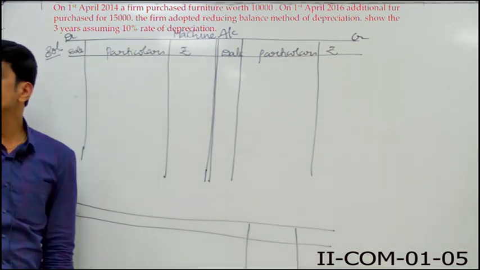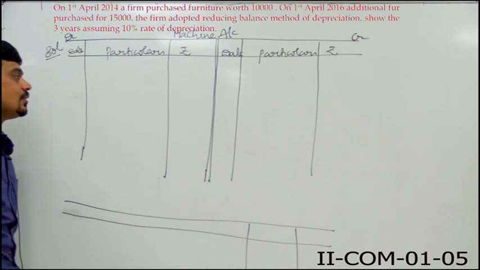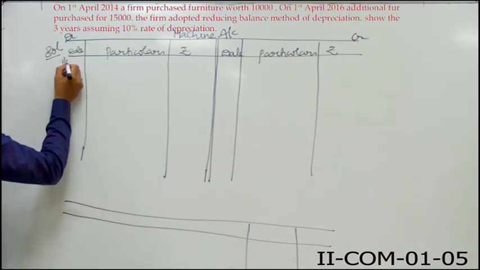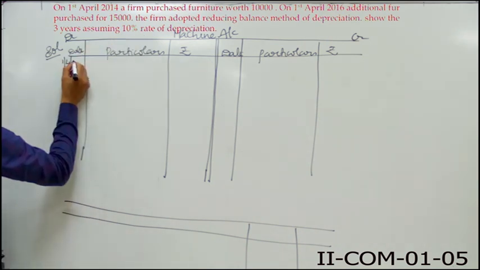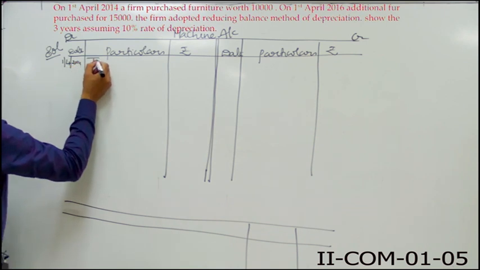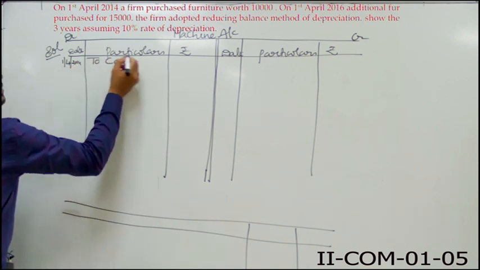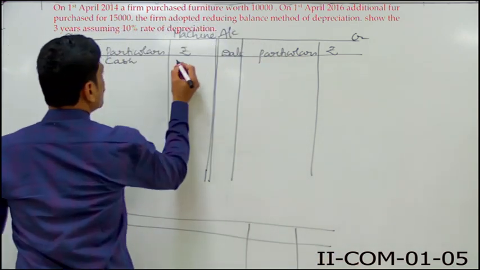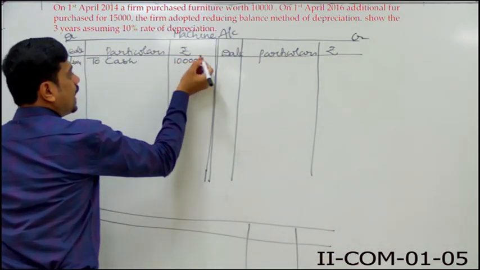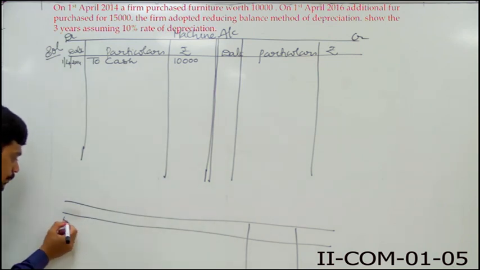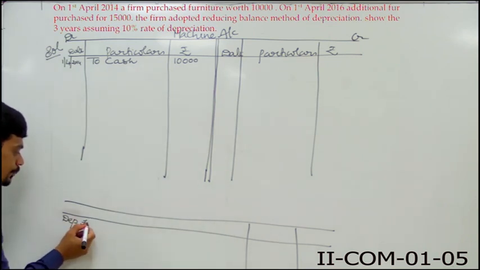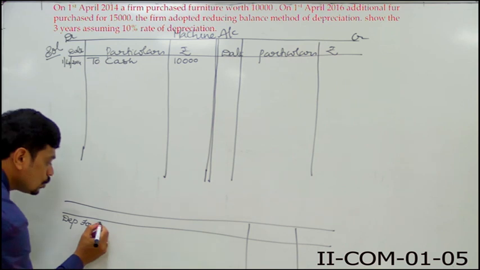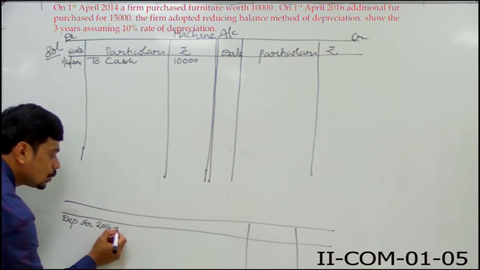When did we purchase the asset? We purchased on 1st April. So posting the asset account debit to cash account. So to cash or bank, whatever, worth rupees 10,000. I'll come to working notes and write here depreciation for 2014 to 15.